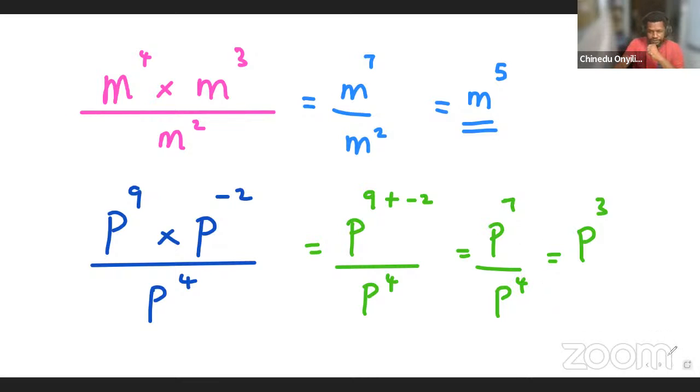Now, let's move on to another example, which has to do with fractional indices. Let's say you need to simplify 32 raised to the power 2 over 5.